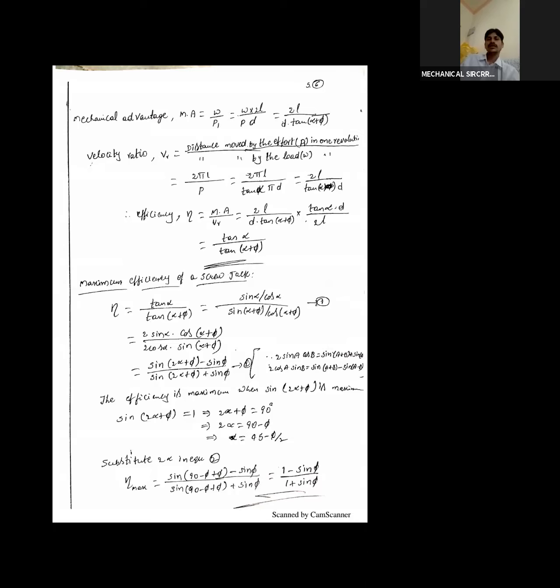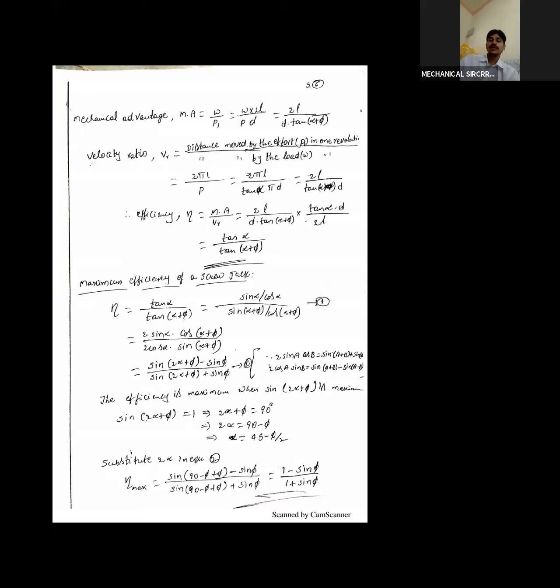The formula is P1 equals PD by 2L, as already written in the earlier derivation. So W into 2L by PD. When you write that, this is also 2L by D into tan alpha plus phi.